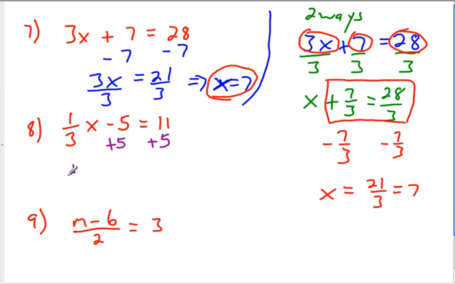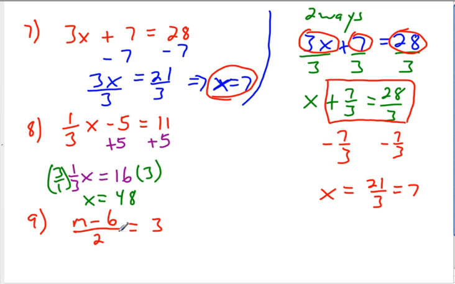So we now have 1/3 x equals 16. And now we want to multiply both sides by 3 over 1, or 3, same thing. And we'll end up with x equals 48. And then, as usual, you can still check the answer here. 48 divided by 3 is 16, minus 5 is 11.